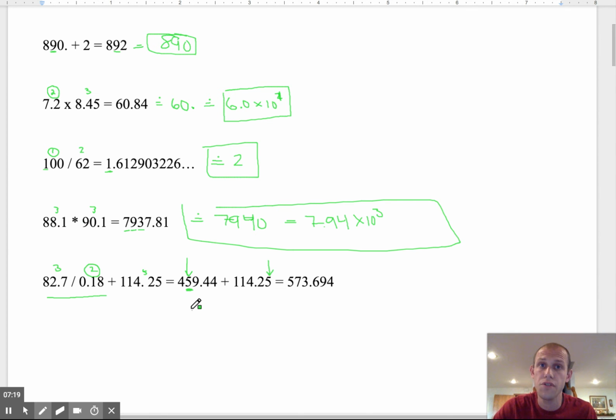Now I don't actually do them though, because I want the best answer possible, because I did have some good data. So what I'm going to do is I'm going to add these 2 numbers to get out this. Now is the time where I'll look at this being my place value where I have to round to. So the answer that I will get out is approximately 570, or 5.7 times 10 to the second.